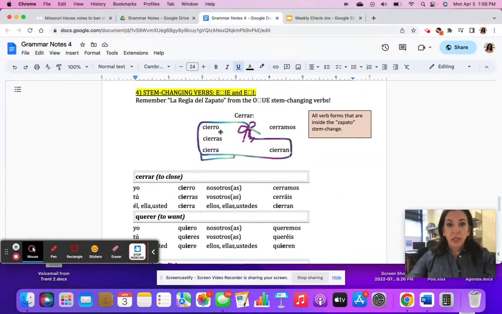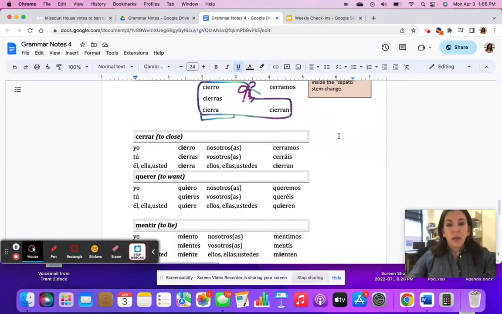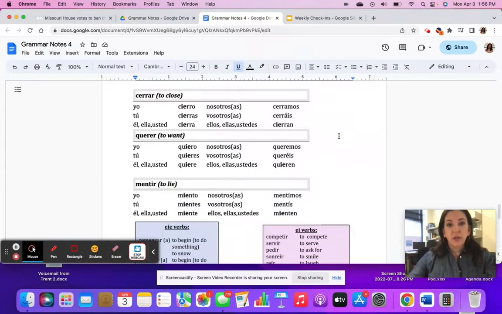So again, we have the E to IE and E to I. So IE, again, la regla del zapato. And then these are some examples of the E to IE verbs. And just like with the O to UE verbs, you want to make sure that you follow the type of verb.